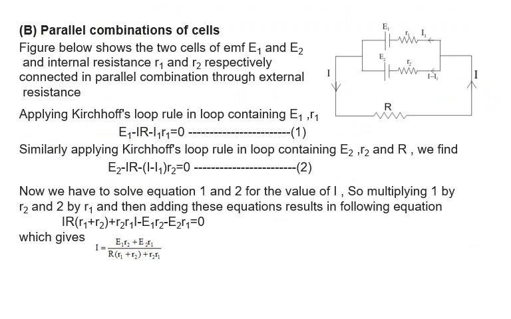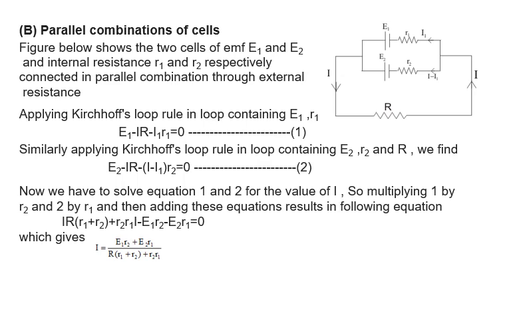Now let's move to the next combination, the parallel combination of cells. Here in the diagram, the two cells having EMFs E1 and E2 and internal resistances R1 and R2 are in parallel combination. Parallel combination means their positive terminals are connected to one common point and the negative terminals are connected to another common point.